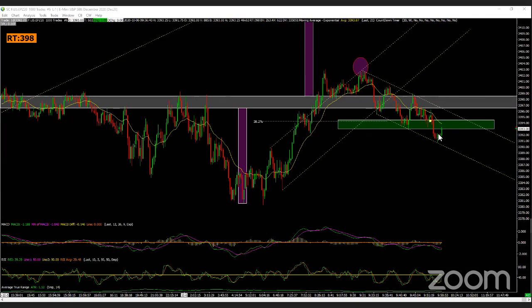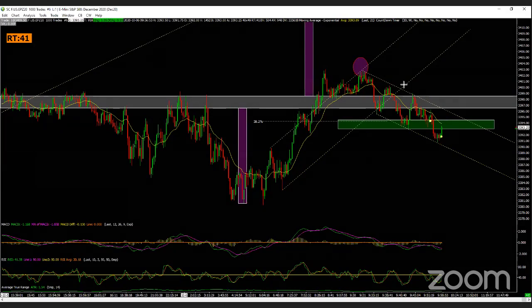And now, even if she gives us a strong candle closing over the EMA right here, how are we going to trust it? Every time we try to come up, it collapses. We keep on collapsing. So even if she closed right here over the EMA, how are we going to trust what she's doing right now?